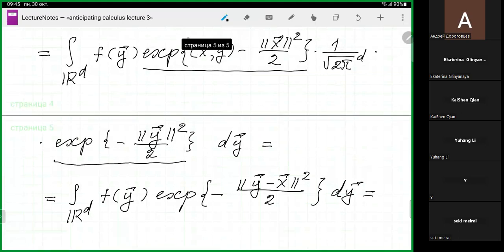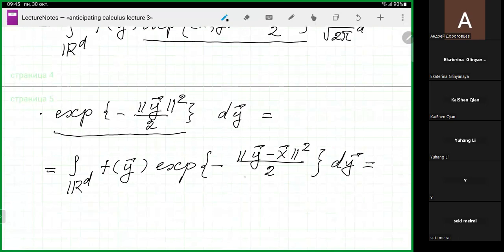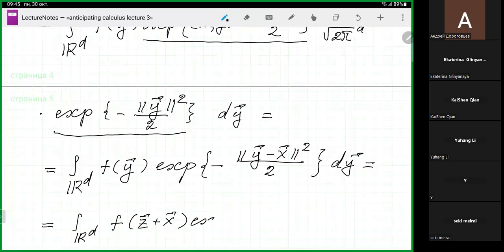Now let's continue and do a change of variables in order to have just one variable there. So we will have the integral over Rd of f of z plus x, and excuse me, I forgot the 1 over square root of 2 pi to the power d.